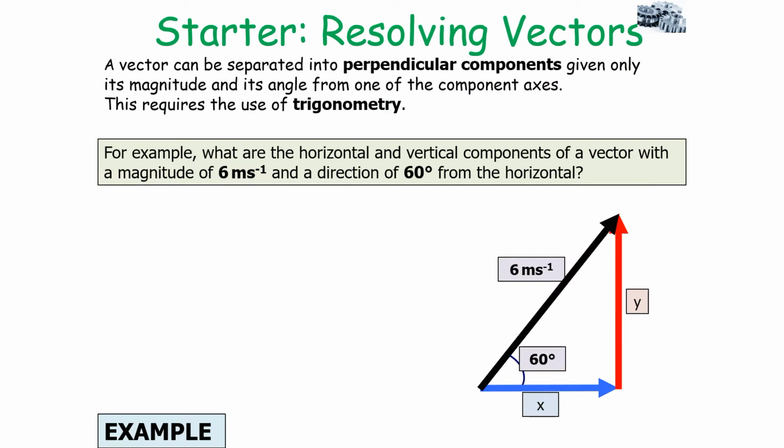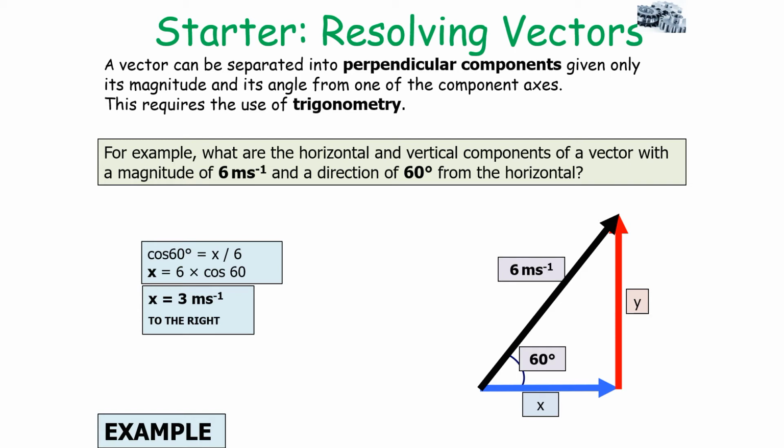So for example, what are the horizontal and vertical components of a vector with a magnitude of 6 meters per second and a direction of 60 degrees from the horizontal? So we use our equations and we say, right, that x is going to equal cos 60 times 6, so therefore it's going to be 3 meters per second to the right.